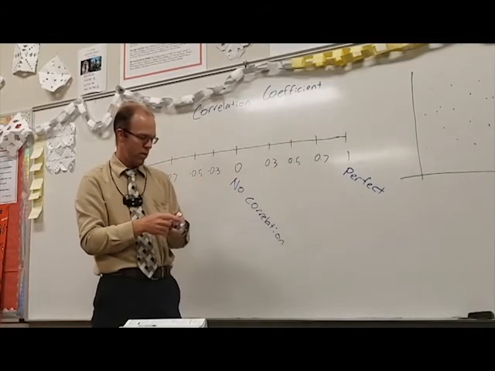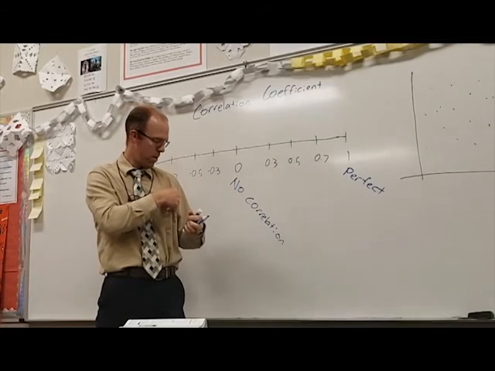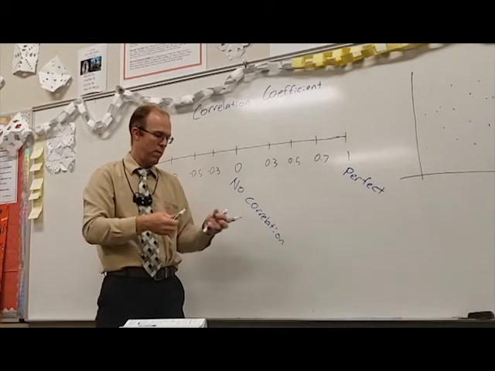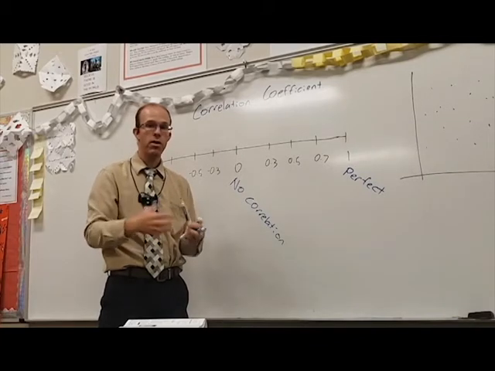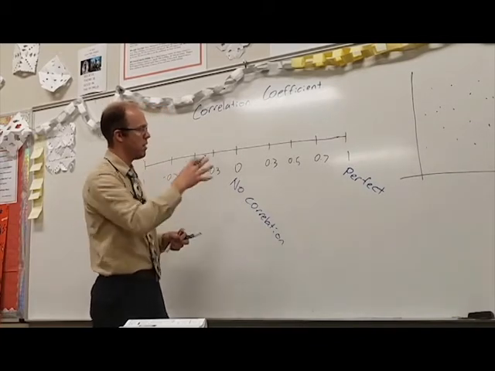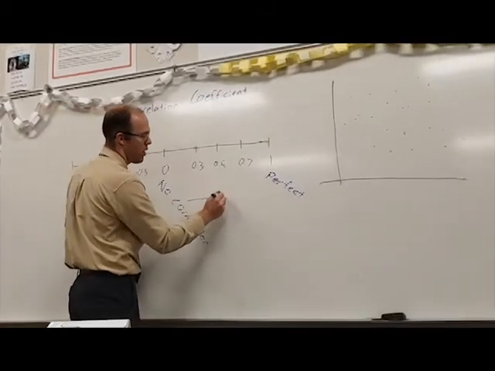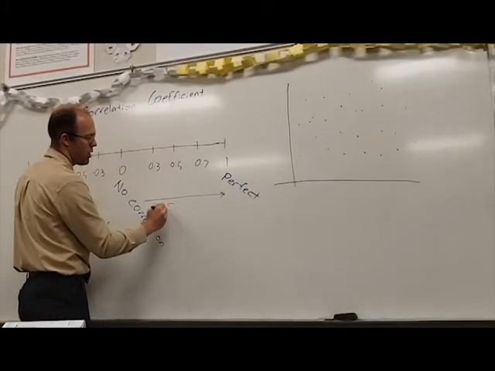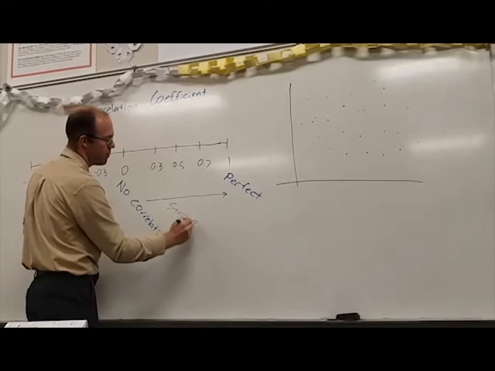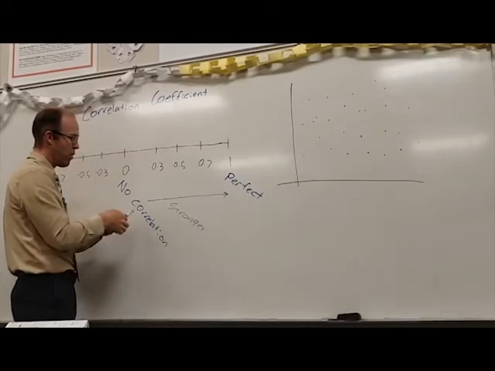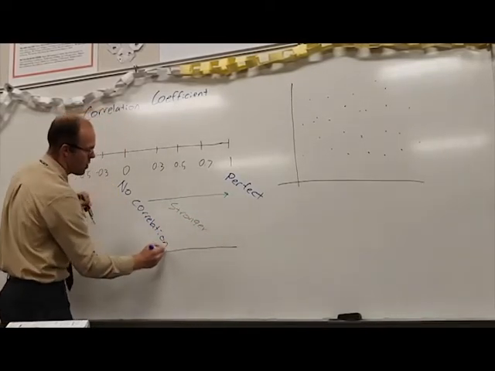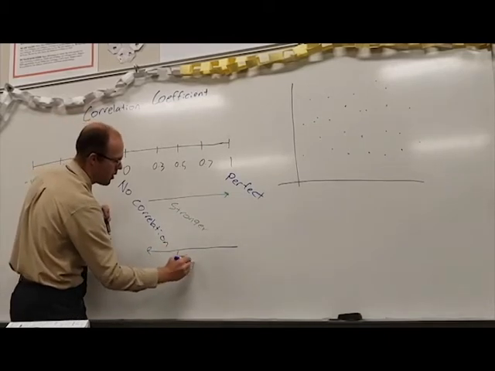And so this following scale won't be agreed upon with everybody. If you go and look on the internet, you'll see a bunch of different breakdowns of this, but the purpose of this is as you get closer to 1, your correlation gets stronger. If you get farther away from 1, closer to 0, your correlation gets weaker.